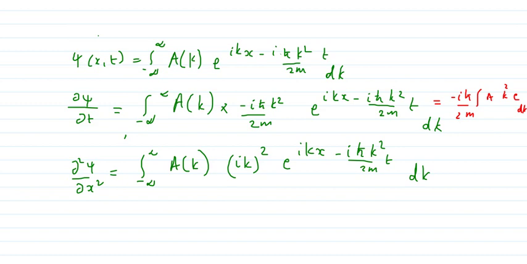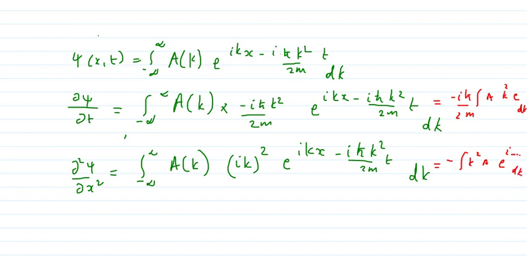And here in the case of dou square psi by dou x square, this is minus of, because we have i square here, so minus of integral k square a(k) e raised to i etc. dk.